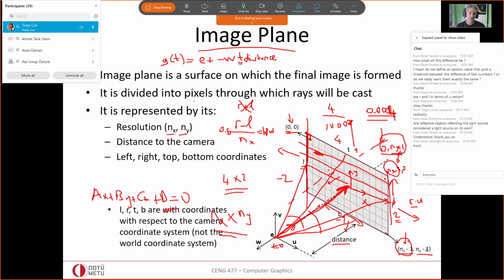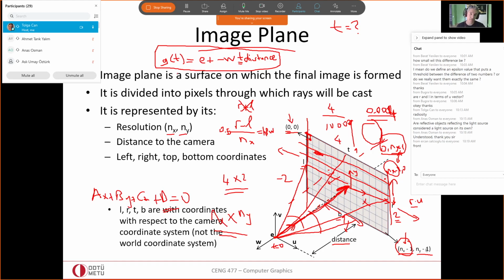Okay, so with this ray equation, what I can do, for example, is intersect this with a sphere in front of the image. When I intersect this, the intersection result will be the t value, if this ray intersects at all with the sphere.